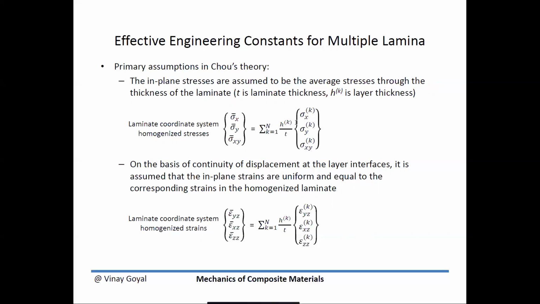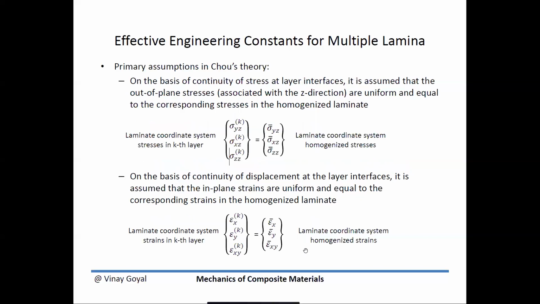What we're really saying is that the homogenized stress for the whole system is an average of the in-plane stresses from ply to ply. And then we again make the assumption that the through thickness strains are an average of the strains from ply to ply. So again, four assumptions here.